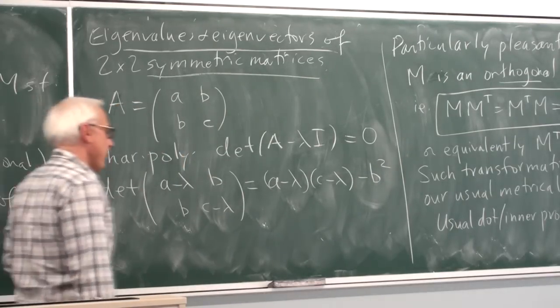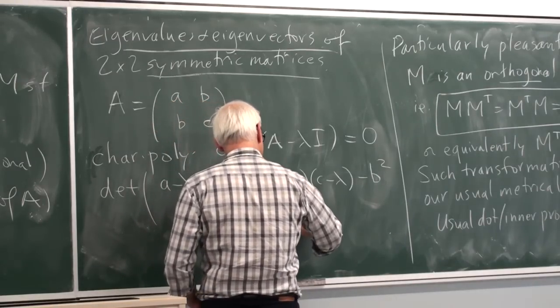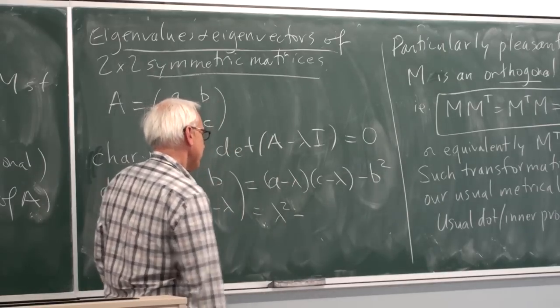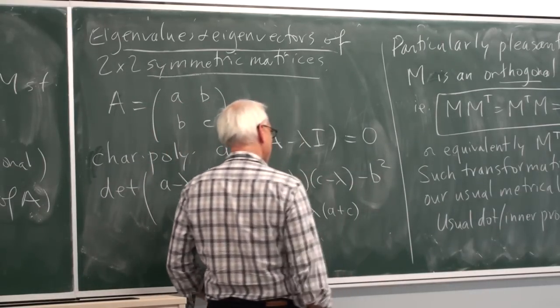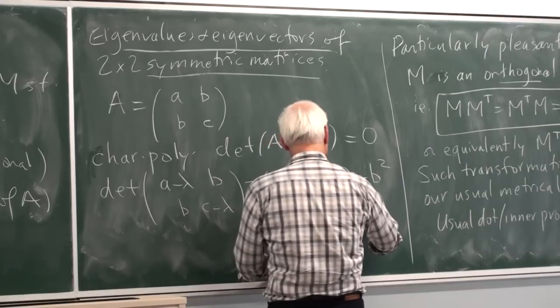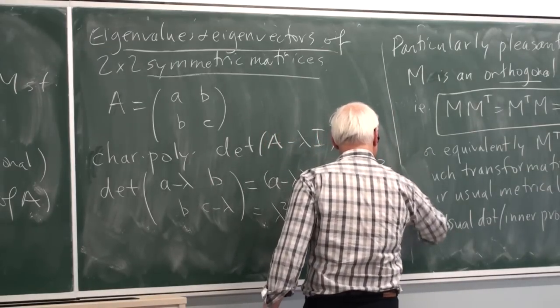And what is that? That's lambda squared minus lambda times A plus C, plus AC minus B squared.